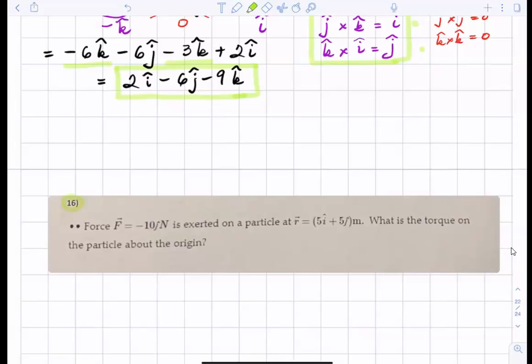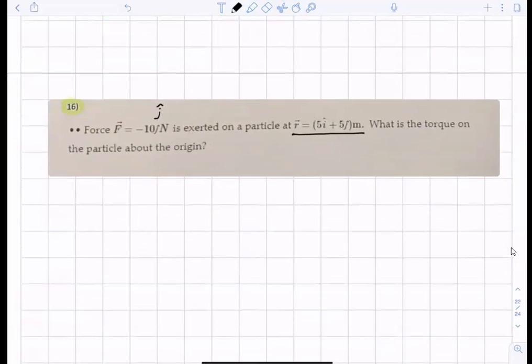You have a force that is acting in a j direction, so that's going to be in a y direction. It's exerted on a particle, and this is the position or the distance from the center of mass. And now they ask you, what is the torque on the particle about the origin?